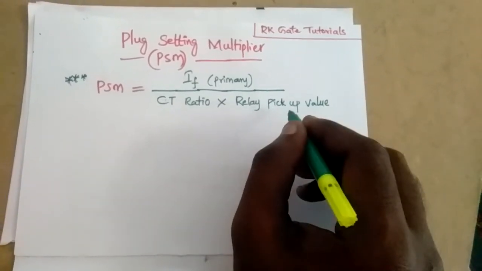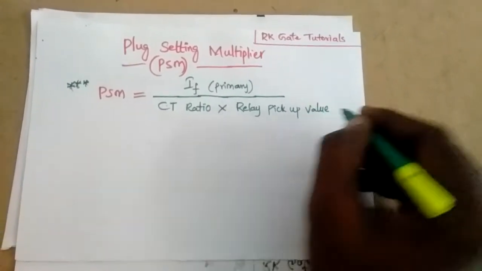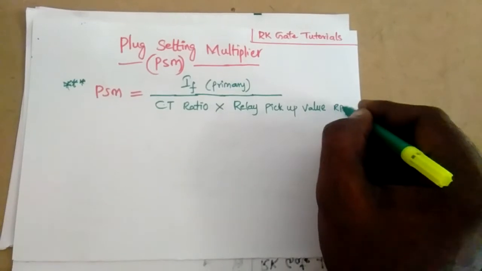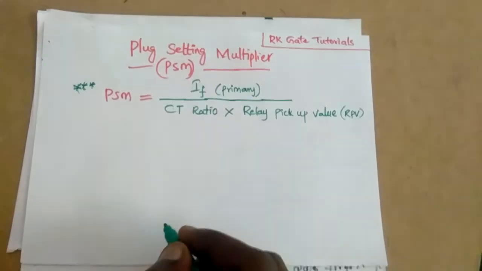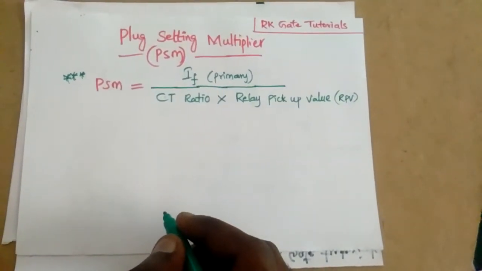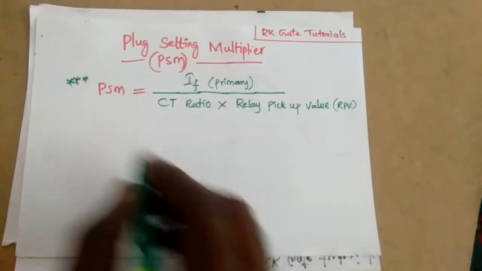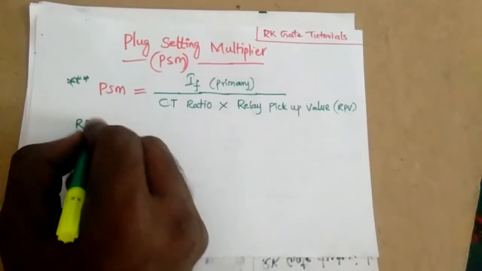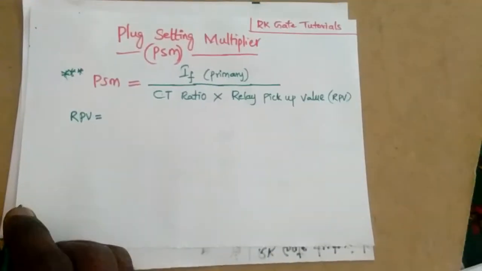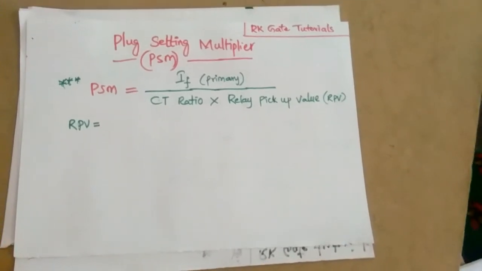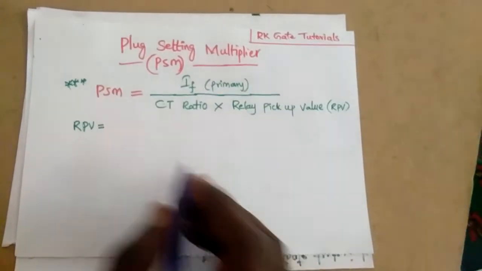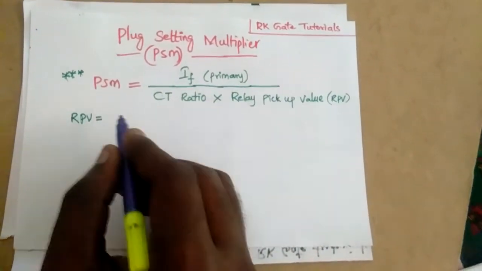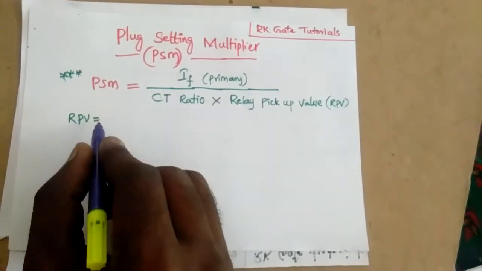So what is relay pickup value here? For our convenience, I am writing RPV. So what is relay pickup value then? Relay pickup value is a quantity above which the relay is expected to operate.